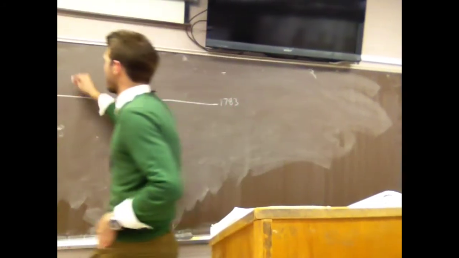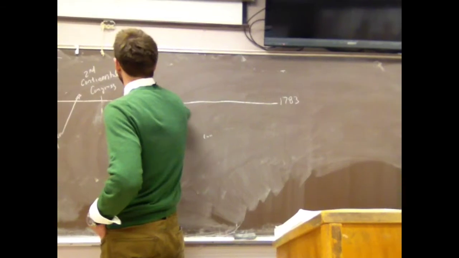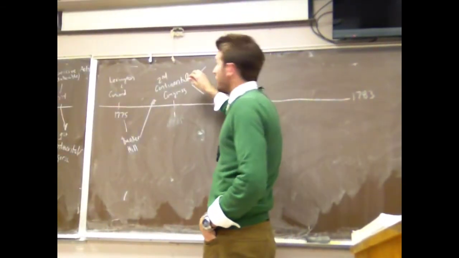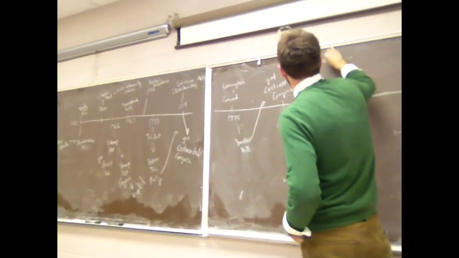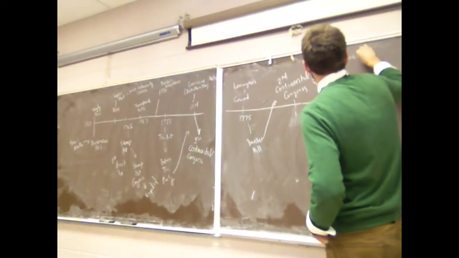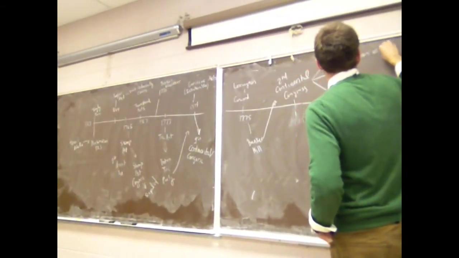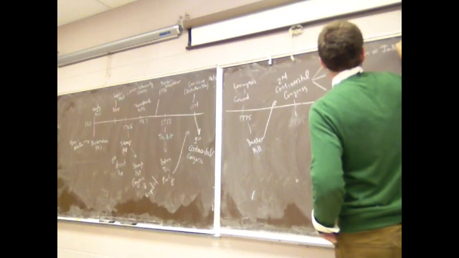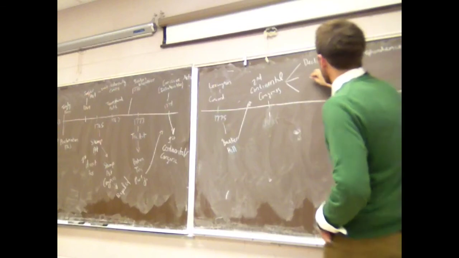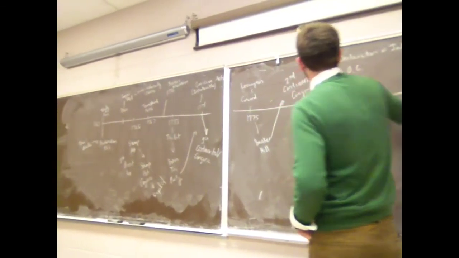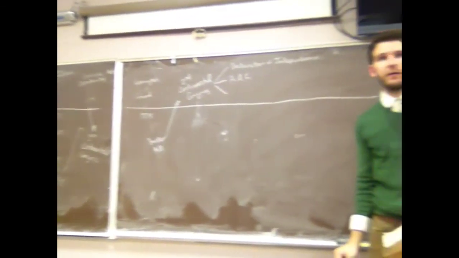Important things that the Continental Congress produces: they are also the ones that are going to write the Declaration of Independence. What else do they write? Something big. Yeah, the Articles of Confederation are going to be written by the Second Continental Congress.